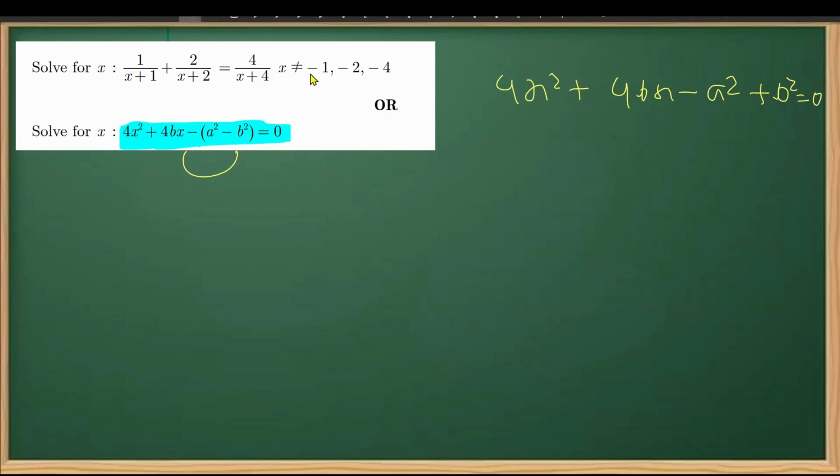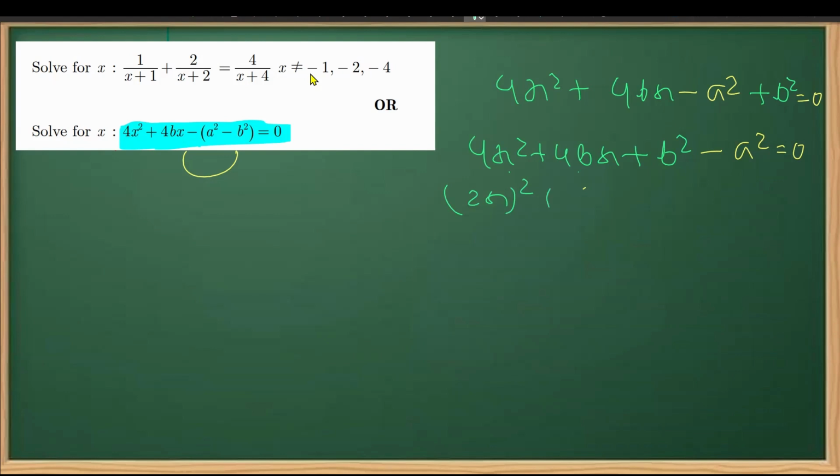Now we can figure out that these three terms form the identity of a plus b whole square. So I can write this as 4x square plus 4 times bx plus b square minus a square is equal to 0.